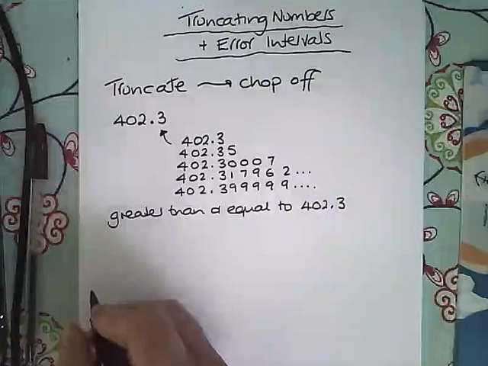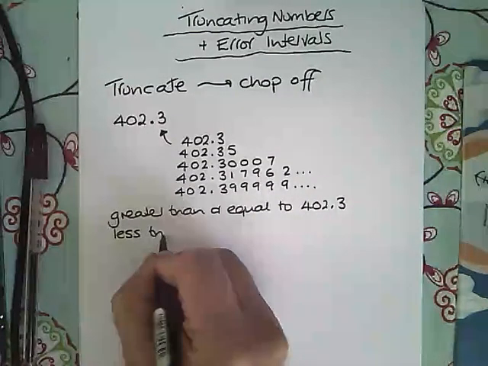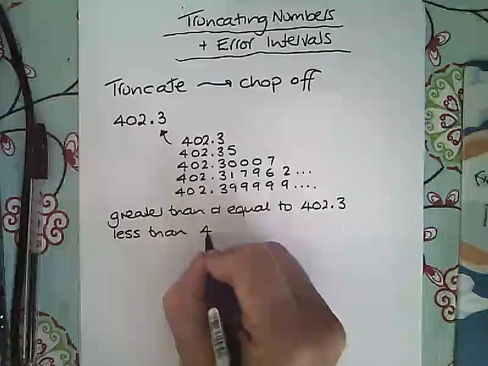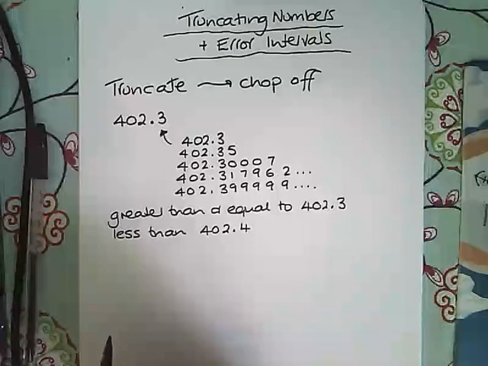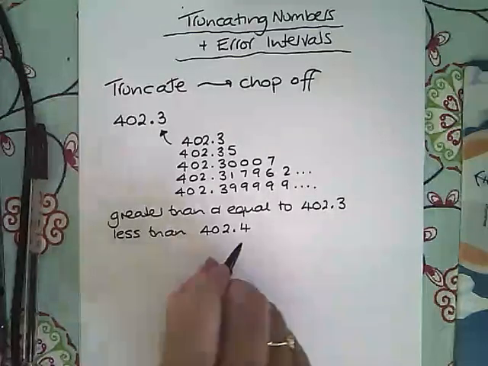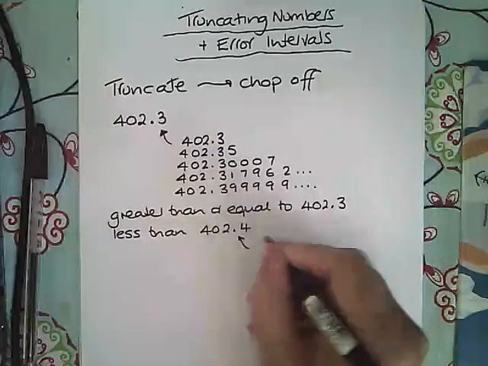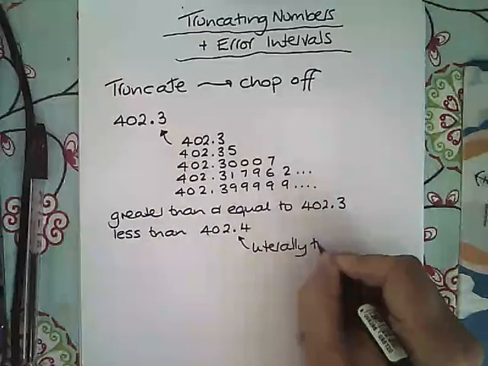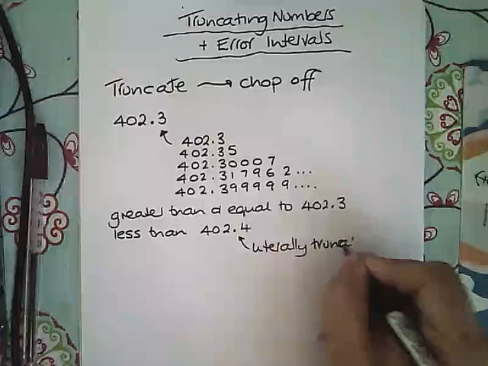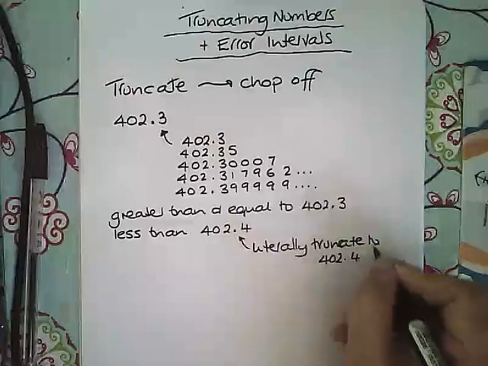But it has to be less than 402.4, because if you truncated that number, it would be 402.4. So that would literally truncate to 402.4, and that's not what we had at all.